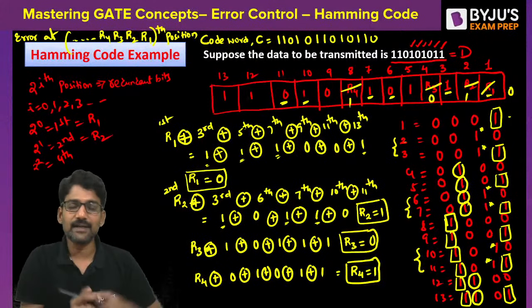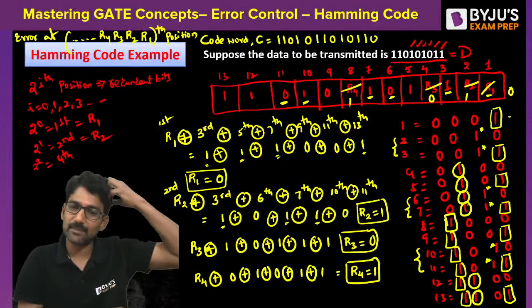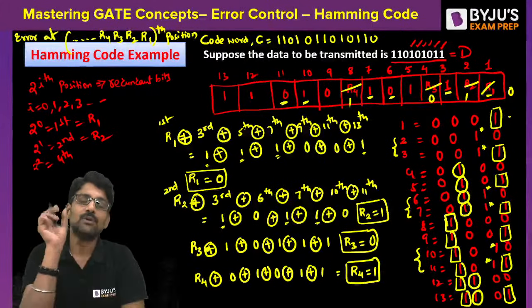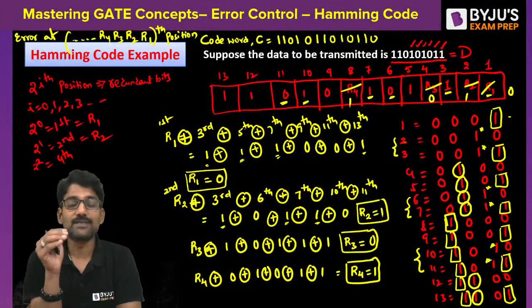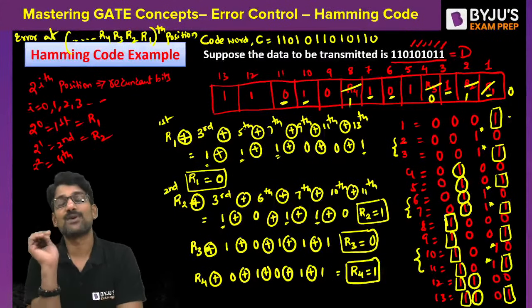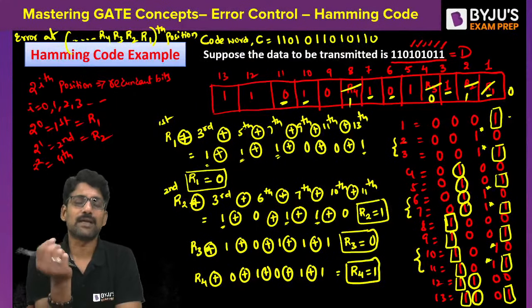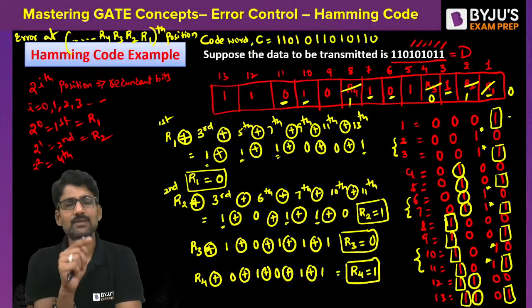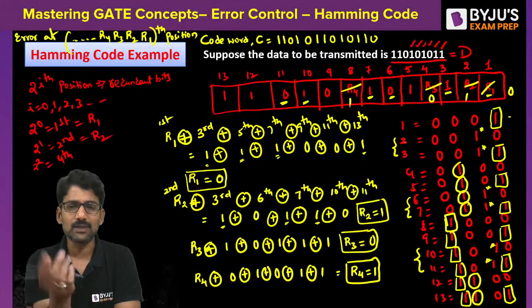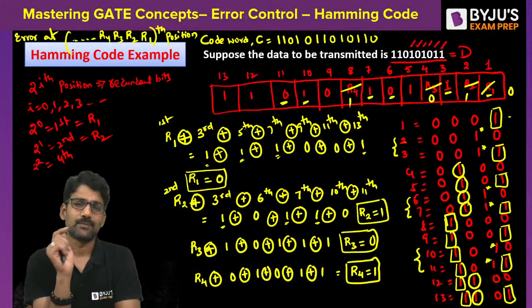So if any redundant bit is 1 or multiple redundant bits are 1s, that will give you the position of error. So Hamming code is finding the position also. Once you find the position, it is easy to correct, because 1 is error means correction means make it 0. 0 is error means correct it, make it 1.